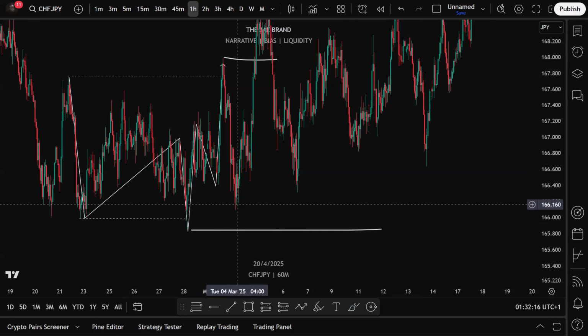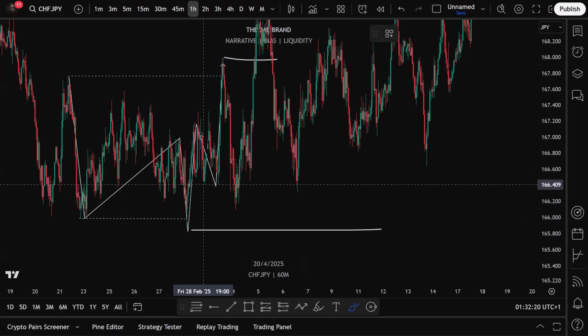Now, this is the last low. This is the last low before this protected low. This last low is your structural liquidity, while this BOS or break of structure is your transactional liquidity.